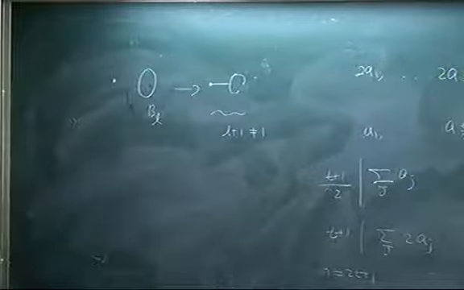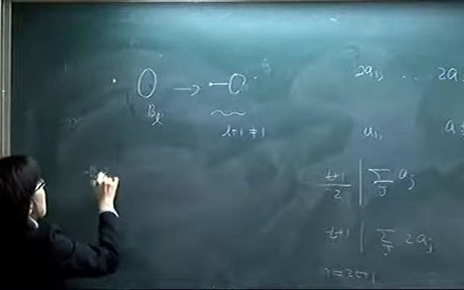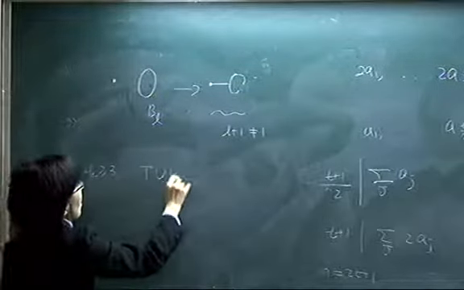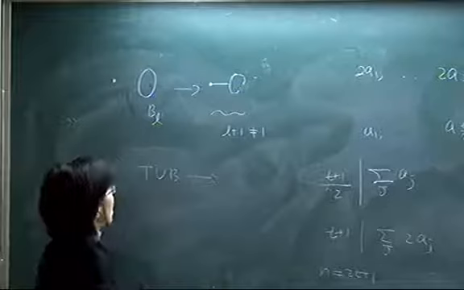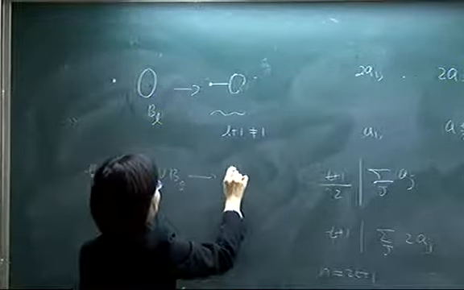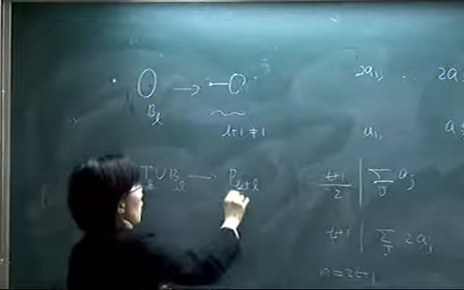In the second case, if K is at least 3, you have T and B, then there's K and L, so then you get this one. K is odd.